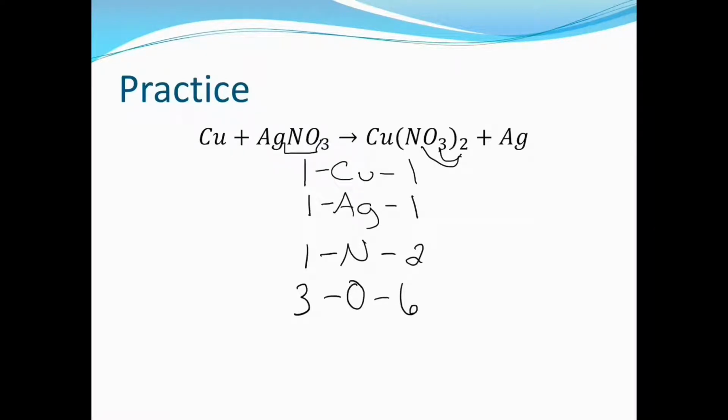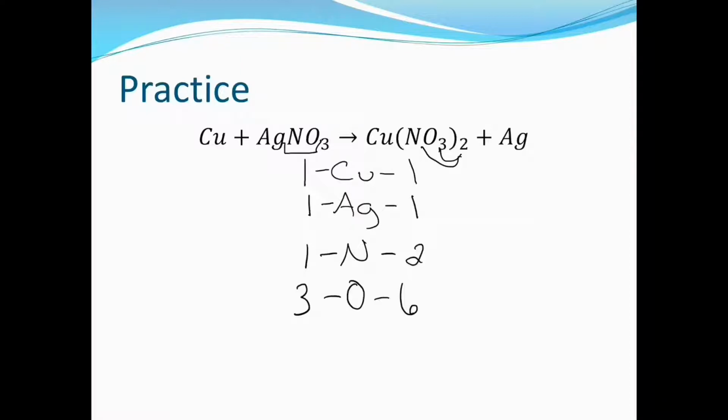So next step, picking the element that we want to balance first. And remember my hints, do oxygens and hydrogens last. So it looks like that leaves us with nitrogen because copper and silver are balanced, and the only other element there is oxygen.